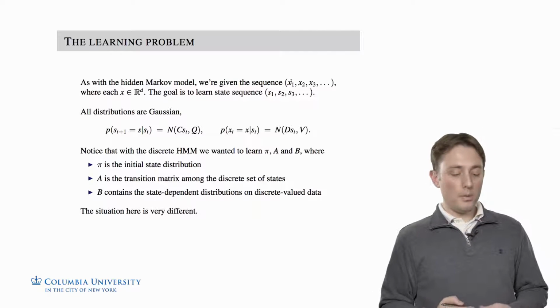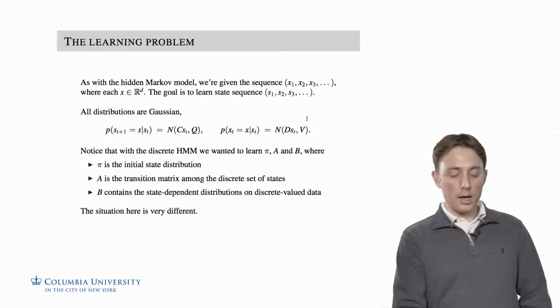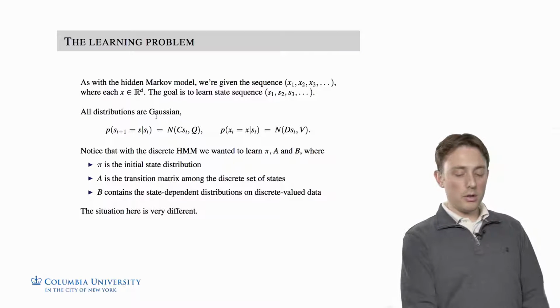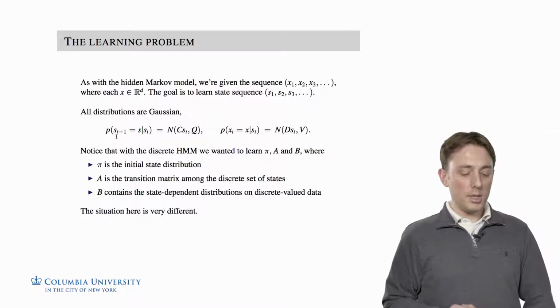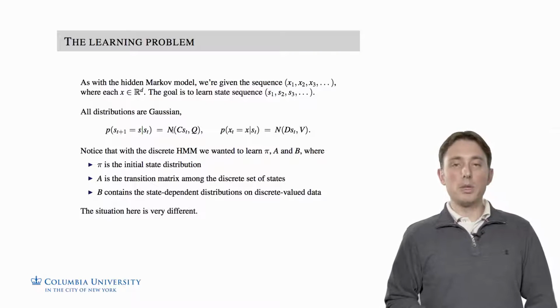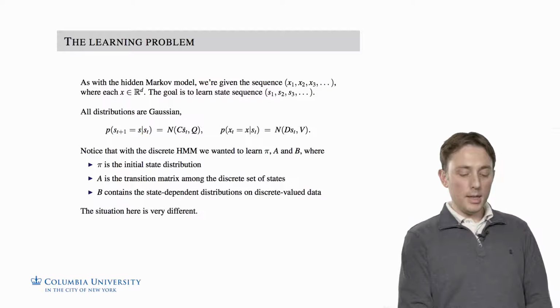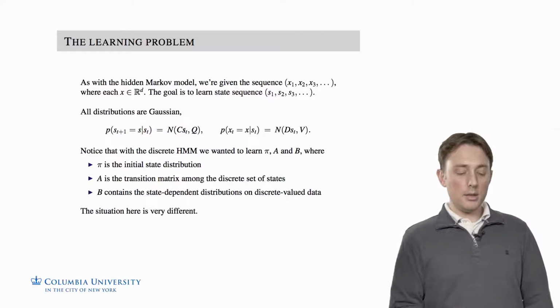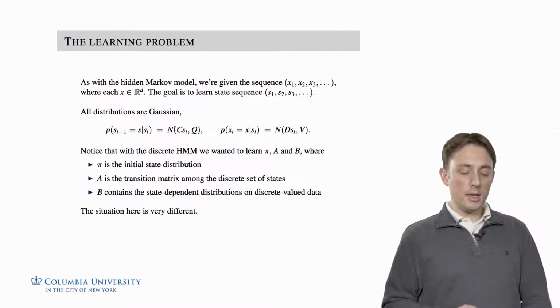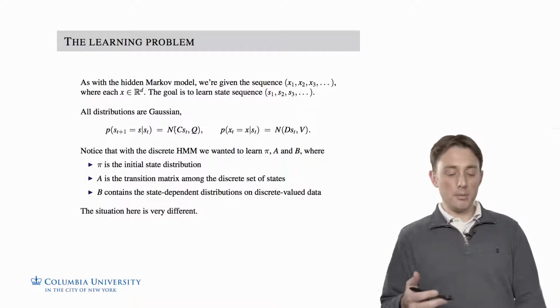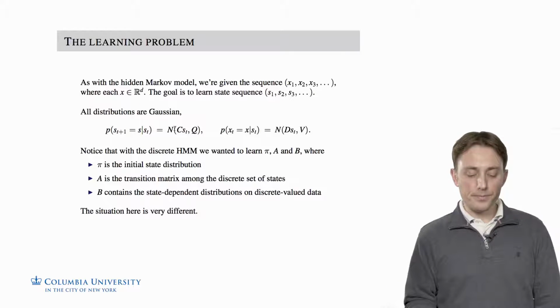So for this model, again, all distributions are Gaussian. So here's another way of writing the generative process we discussed previously. The distribution on the state at time t plus 1 given the state at time t is a multivariate Gaussian with mean equal to C times s_t and covariance Q. So we're assuming that Q and C are known or can be estimated in advance.